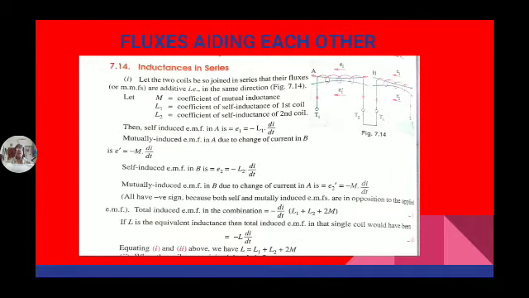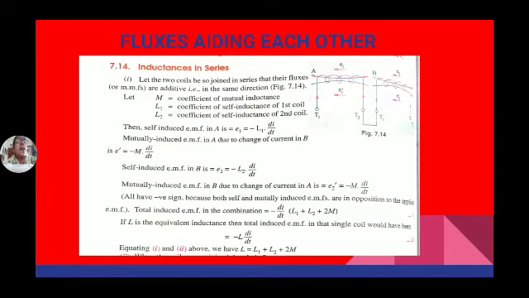So we can say fluxes are aiding each other. Let us define some notations. L1 is the coefficient of self-inductance of coil 1 and L2 is the coefficient of self-inductance of coil 2. The self-induced EMF in coil 1 is E1 = -L1 di/dt.